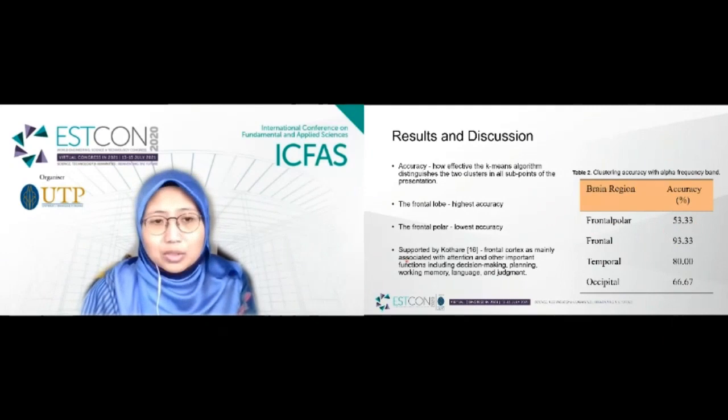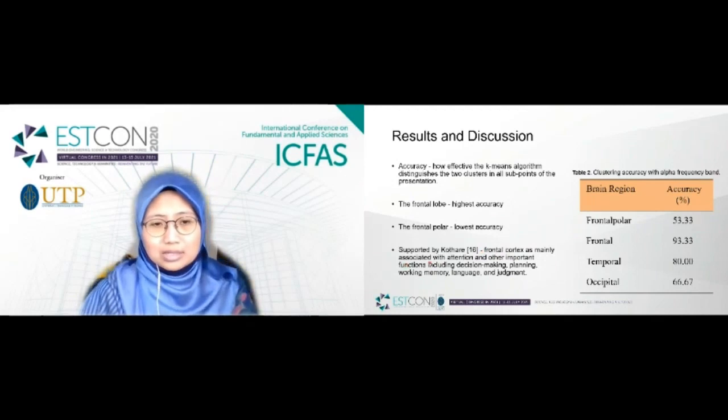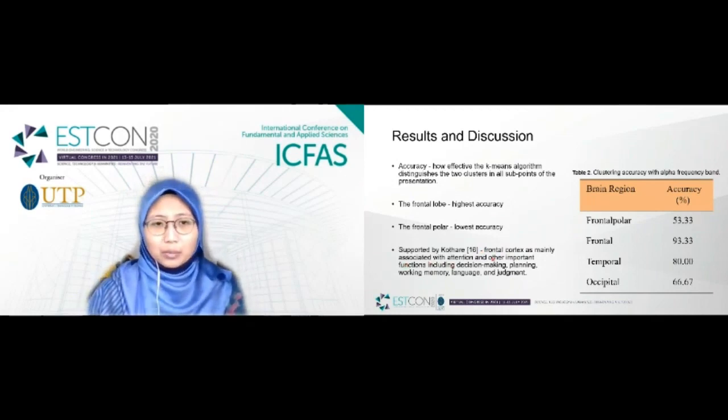This result was supported by a finding from Corsair, where the authors indicate that the frontal cortex is mainly associated with attention and other important functions, including decision making, planning, working memory, language, and also judgment.